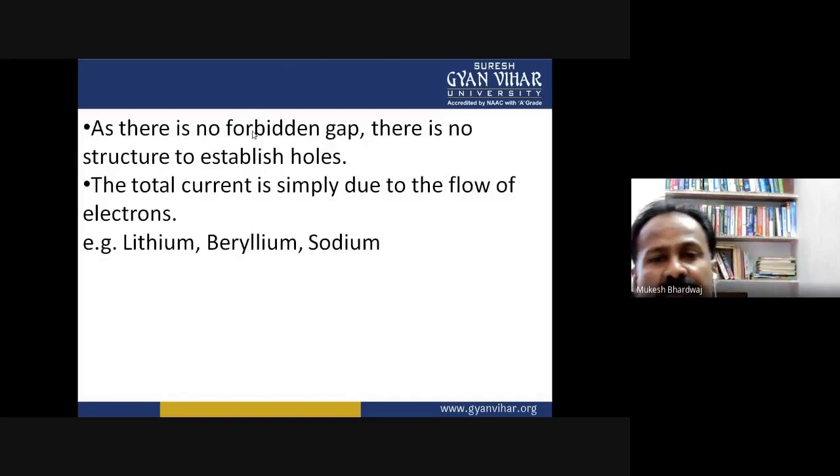As there is no forbidden gap, there is no structure to establish a hole. The total current is simply due to the flow of electrons. Example: lithium, beryllium, sodium, and many more elements in the periodic table are characterized, on the basis of electronic configuration, as conductors.